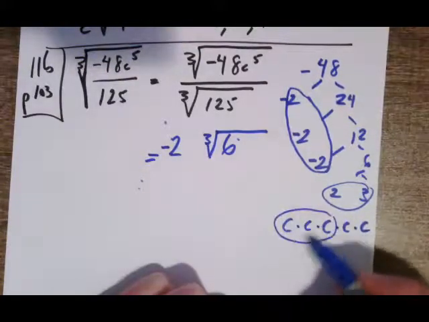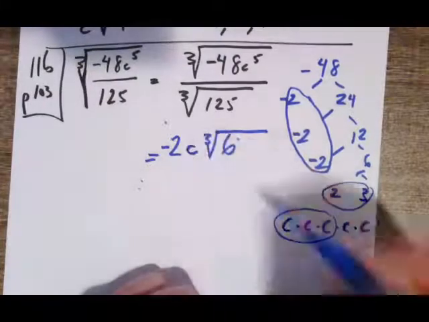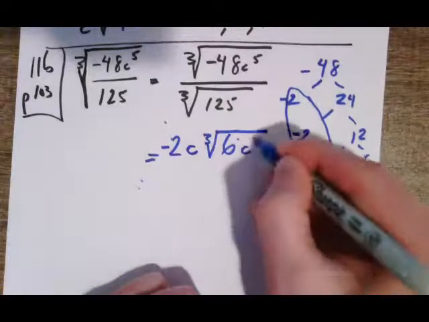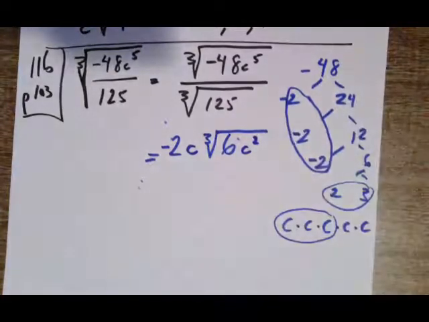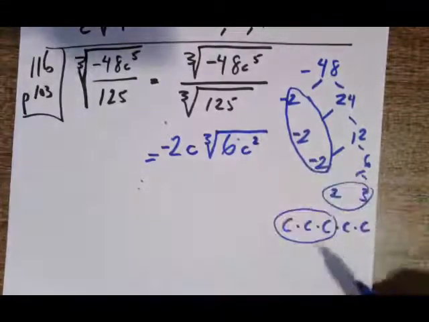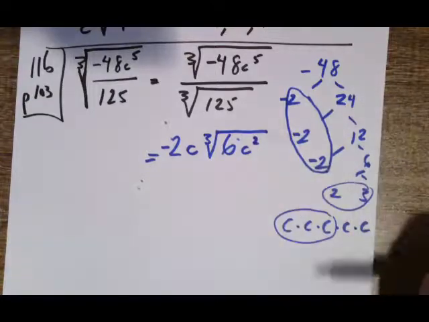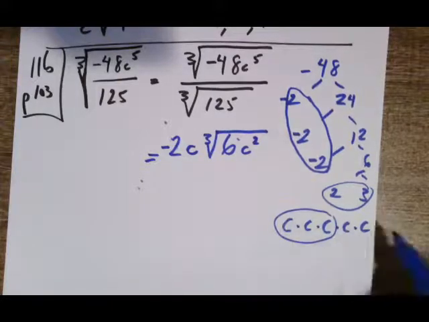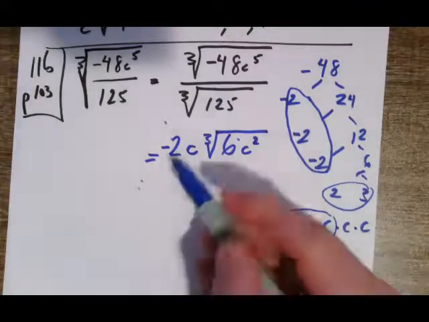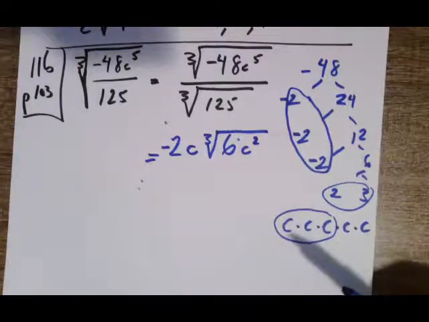So we pull out 1c, which represents those 3, and c squared is left inside. That tells us c can be anything because it's squared. If it's a -1, -1 squared cancels out. Even if all these were -1s, it'd be like +2, right? Does that make sense?